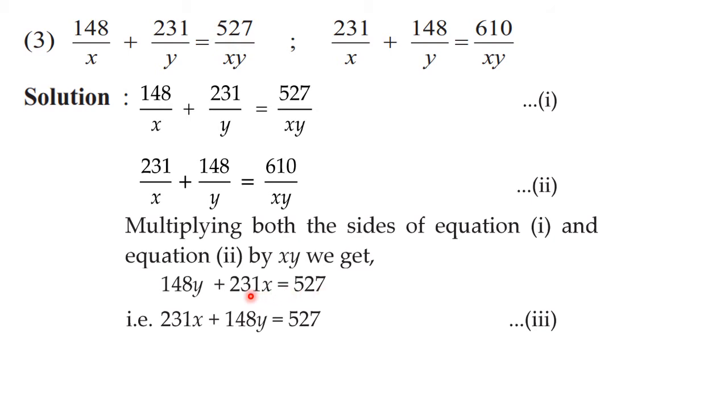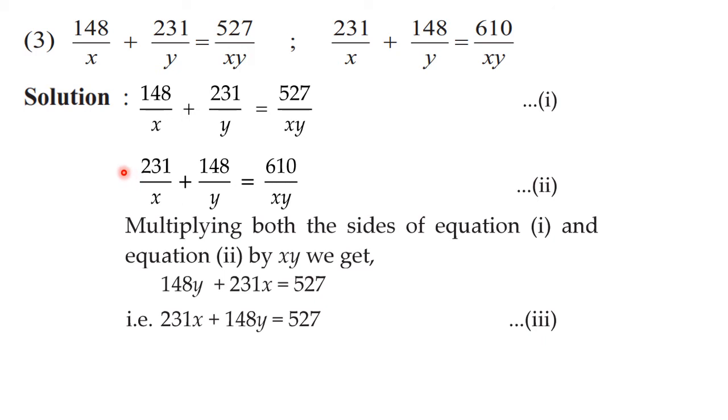But you know that we are always following alphabetical order. The term with x we write first and the term with y we write second. So just interchange this sequence and rewrite the equation as 231x plus 148y is equal to 527. This is our new equation, equation number 3. We cannot simplify it further, so write it as it is.